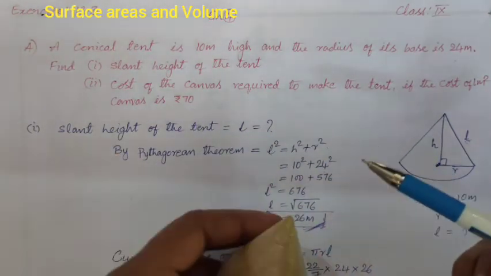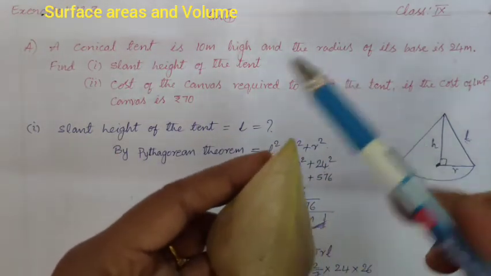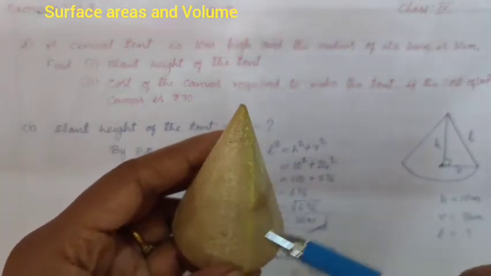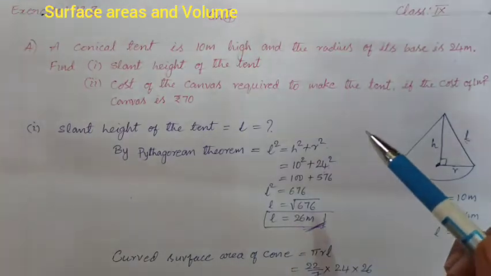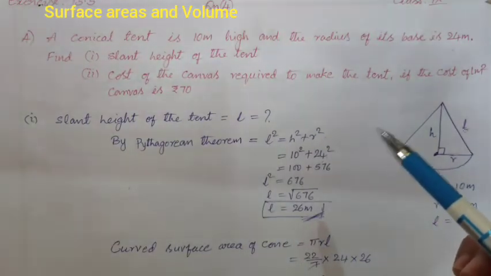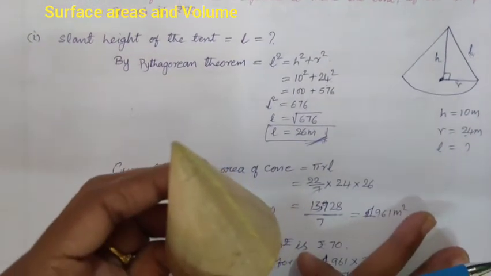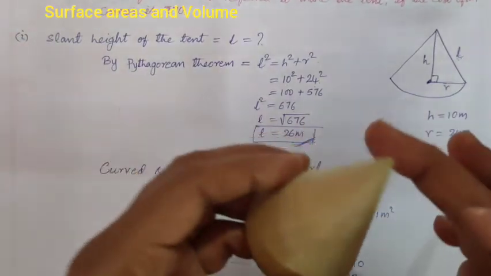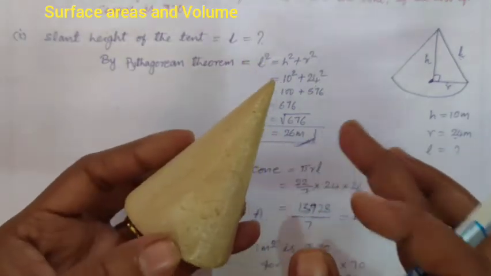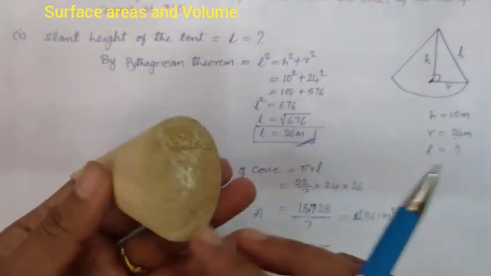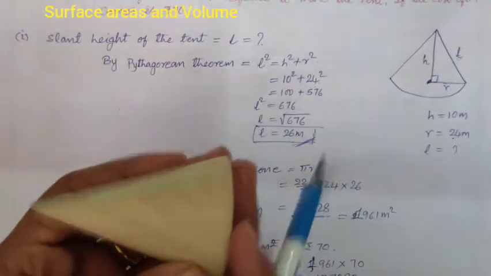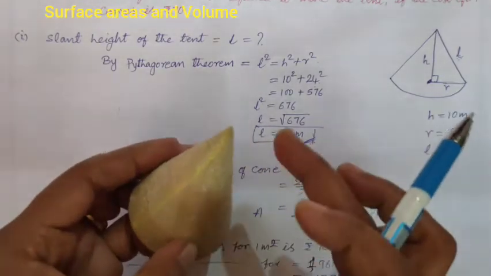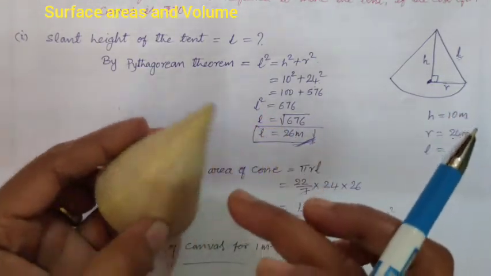How much amount do we require to cover this cone? Here we can find the curved surface area of the cone, because while making a tent we don't use the base. So you neglect the base, and only take the curved surface area of the cone.